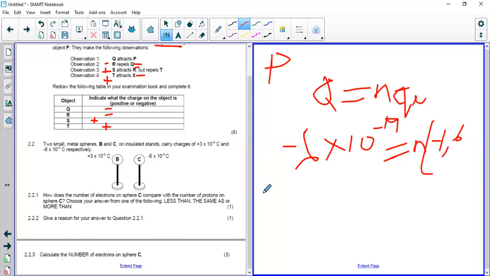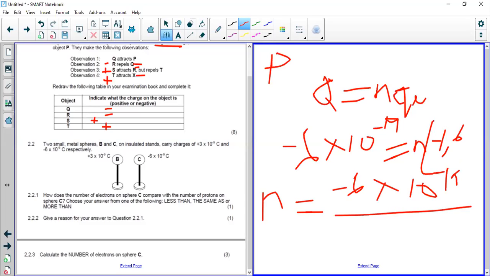Then you make n the subject of the formula. n is equal to, you divide your negative 6 times 10 to the power negative 19 by negative 1,6 times 10 to the power negative 19.